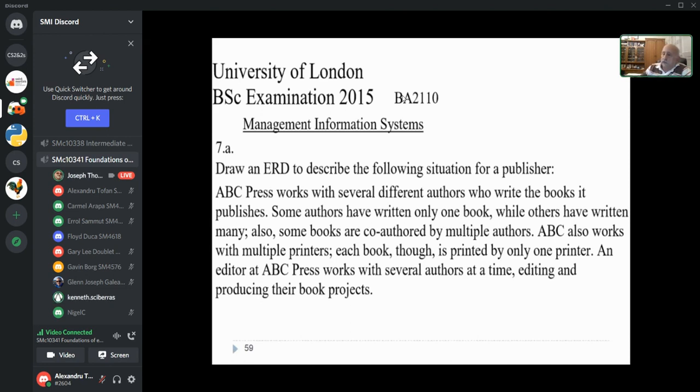On Moodle, there is the build-up of that one slide with a whole lot of overprinting on it. I think it is a PowerPoint file, which builds up as I explained it. You can follow that, and the steps are first of all identify the entities, identify the relationships, and then build a relationship diagram.